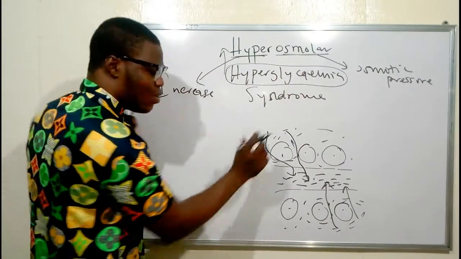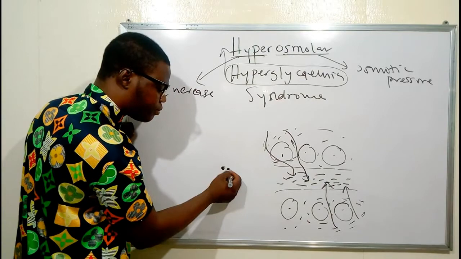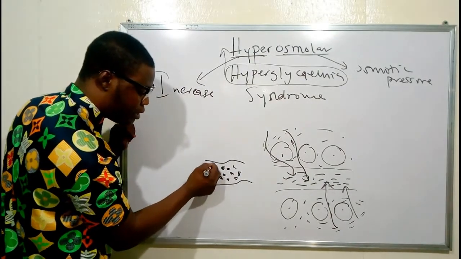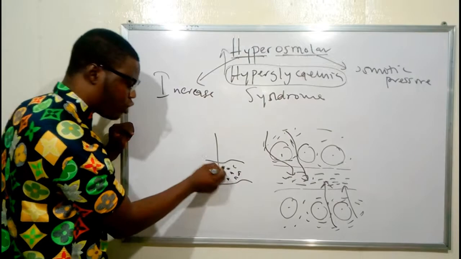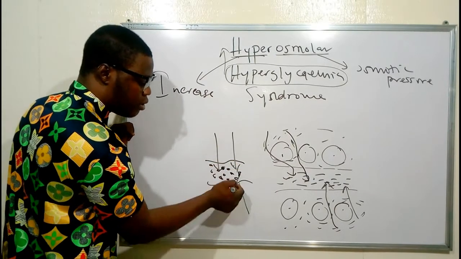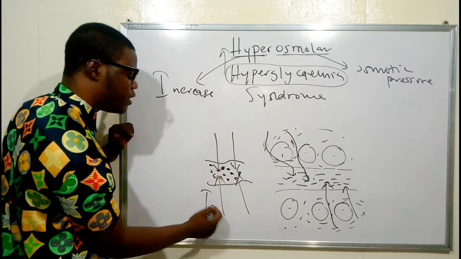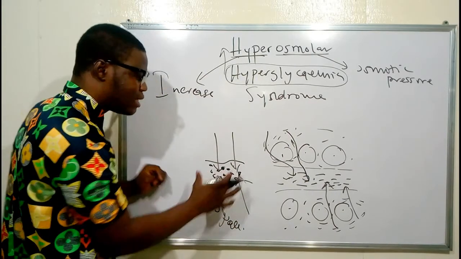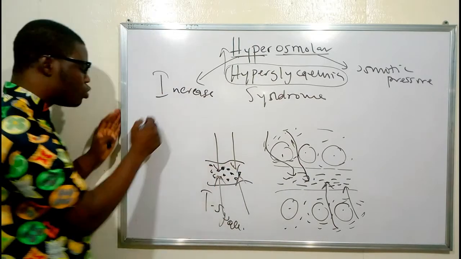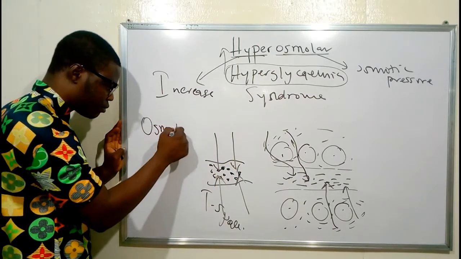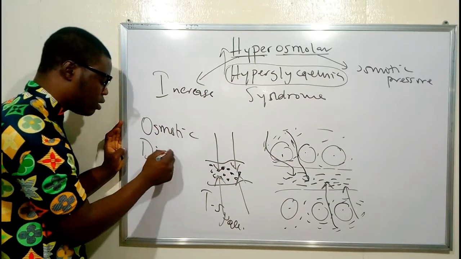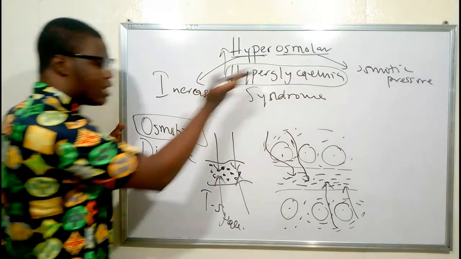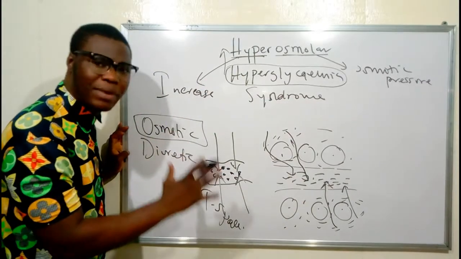Whenever there is a lot of glucose within the blood, the glucose is going to be drawing in water from different body parts, from the tissue space to be precise. So glucose can perform a function called osmotic diuresis. Now we've known the meaning of osmotic: it increases the osmotic pressure within the capillary bed.